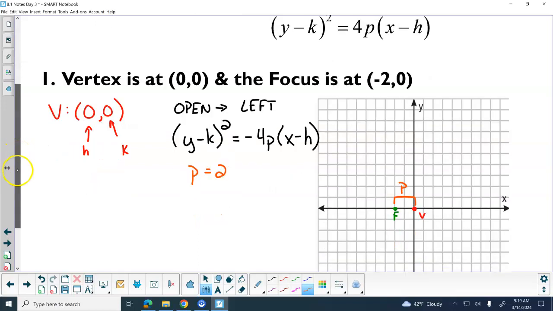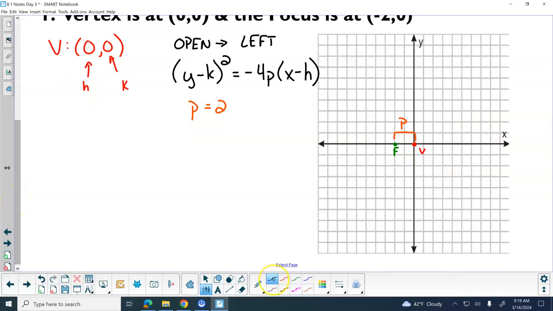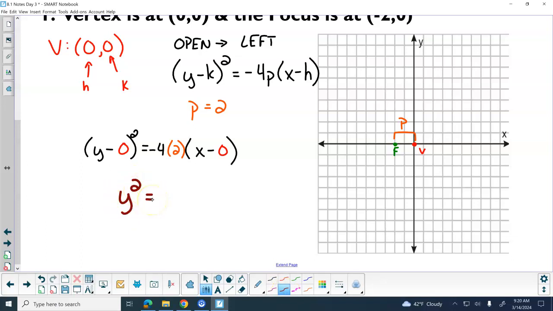So now we can jump into this equation and we can say Y minus K, K is 0, quantity squared, equals -4 times P times X minus H. And then to make it look nice and pretty, well, Y minus 0, that's just going to be Y squared. -4 times 2, that's going to be -8.